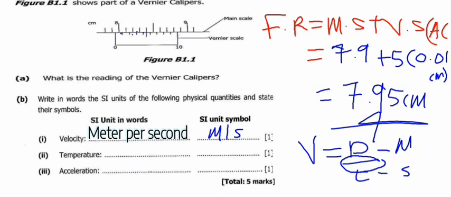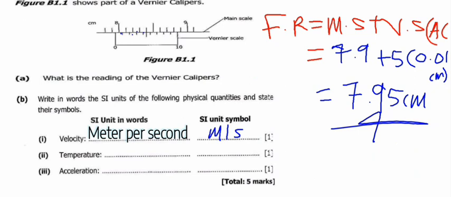If I write m here, then division, I put per, then s. So this is meter per second. That is where the units for velocity come from.